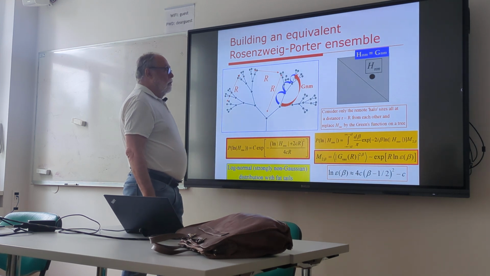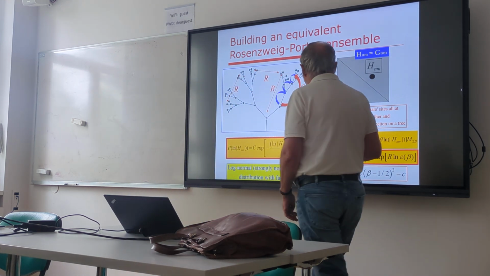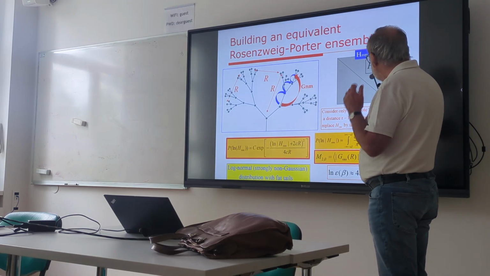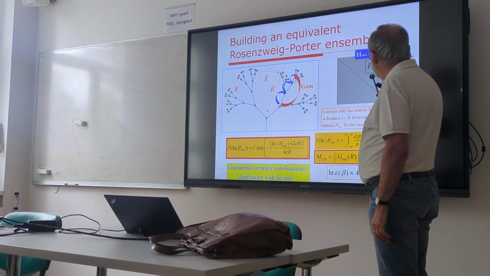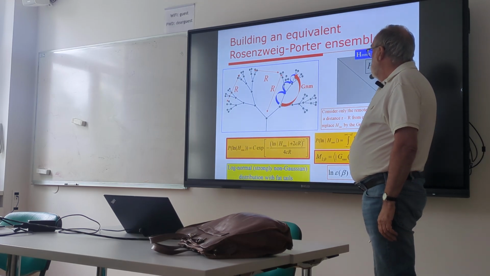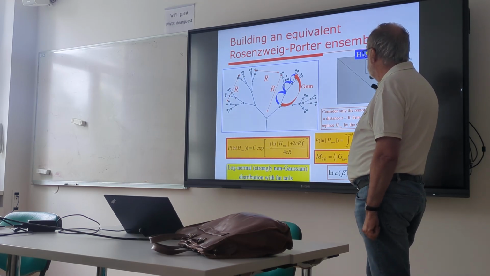And then what I do, I replace the off-diagonal matrix element in Rosenzweig-Porter by this Green's function.